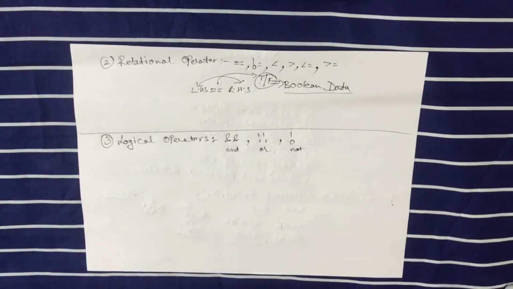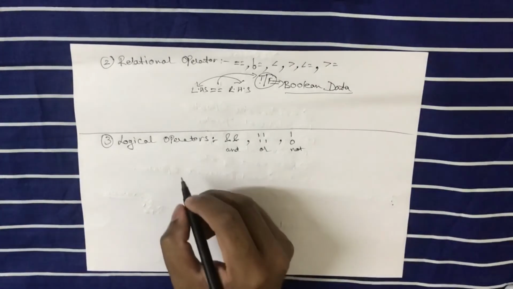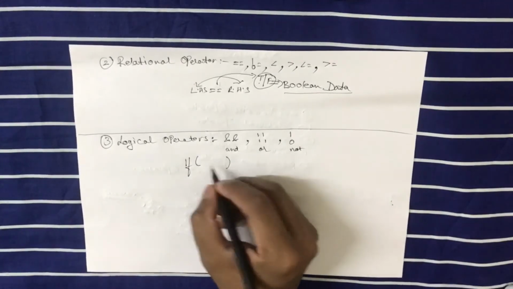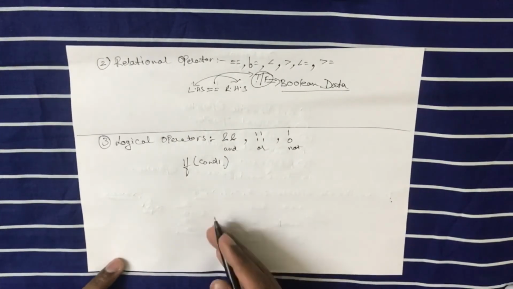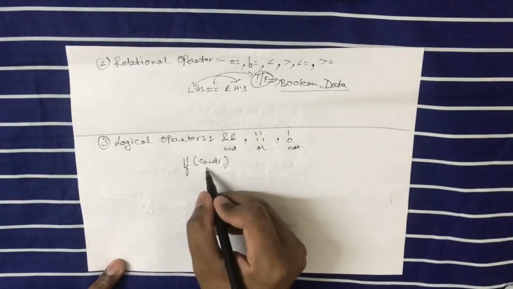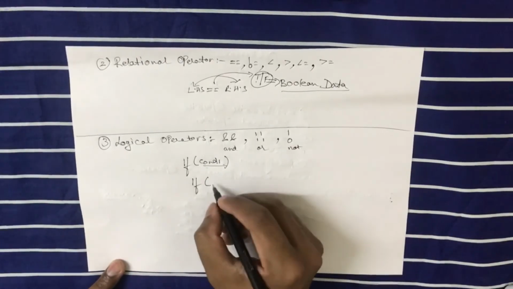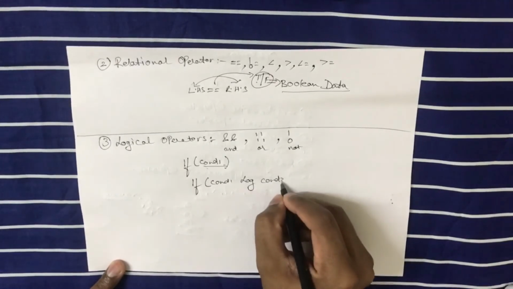If we go back to conditional statements, like if, we studied that we can give only one condition over here, right? Say if I want to give a number of conditions, condition 1, condition 2, condition 3, then in between all the conditions I'll be using logical operators to combine them. Say if I need to use 2 or 3 conditions here, then in between them I'll be using logical operators like this.